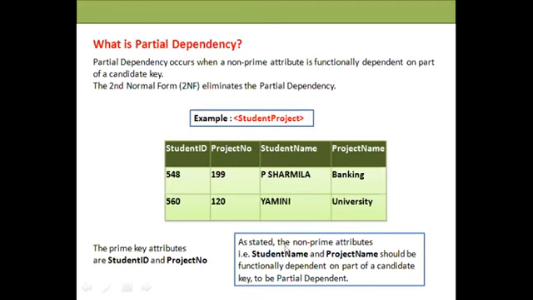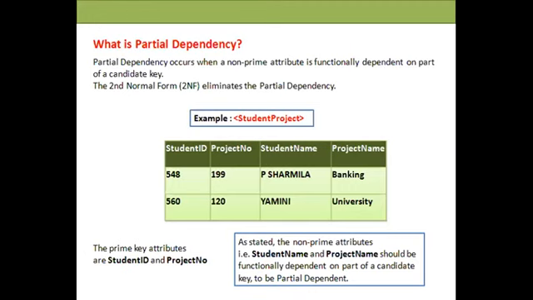As stated, the non-prime attributes, student name and project name, are functionally dependent on part of a candidate key, so they are partially dependent. So now this relation is not in 2NF, because project name depends on project number and student name depends on student ID. So the non-key attributes depend on only one key.